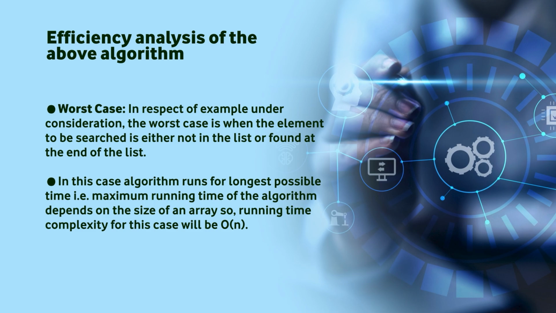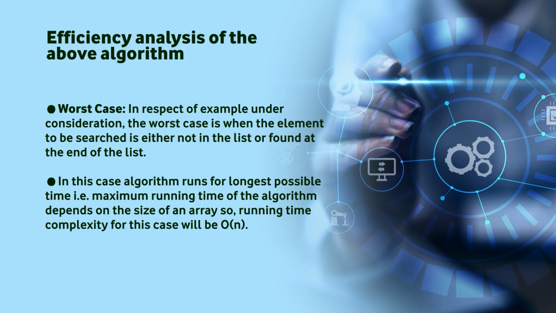It may be possible the element resides at the nth position in the array, or it may not be present in the entire list. We have to traverse from the first index to the last index. This is the worst case scenario.